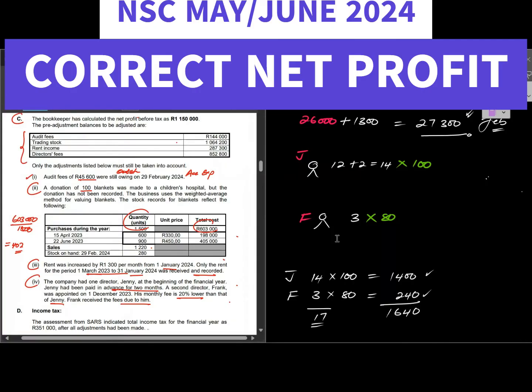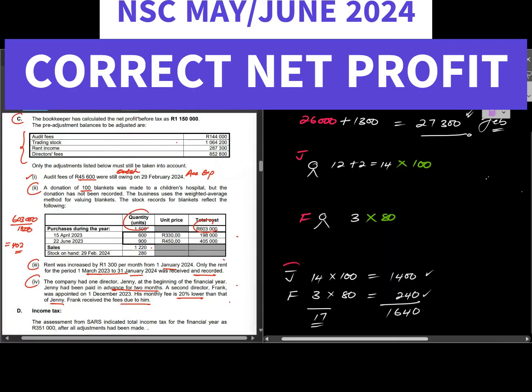So what we want now, our problem, remember, is Jenny, because Jenny has been paid these 2 extra months in advance. So we say those 2 extra months, remember, it's 100. So we're dealing with 200. So what we want is the 200, and what we have is the 1,640, multiplied by the director's fees of 852,800.